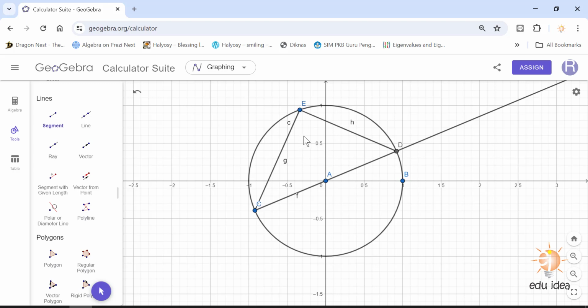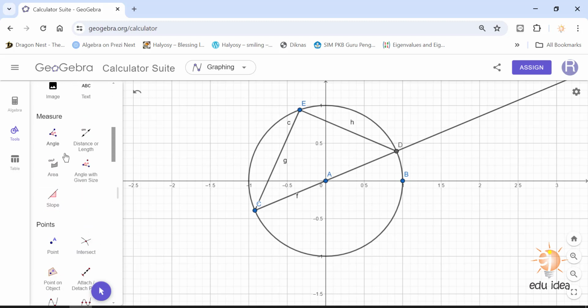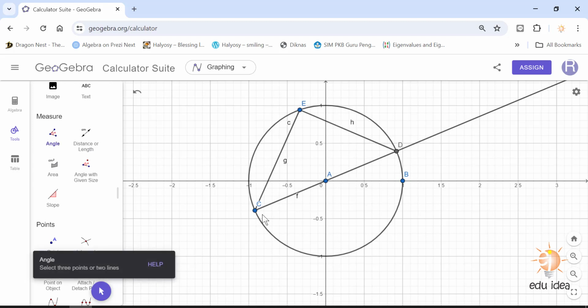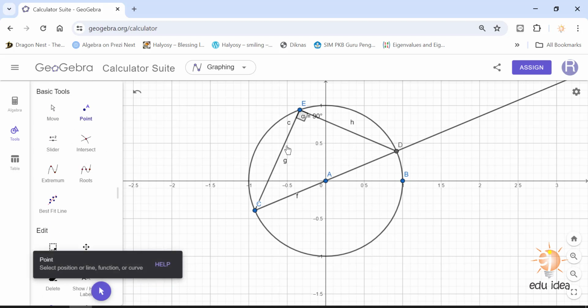What we're going to investigate is the angle over here. To measure that, we go to measure and then angle, and click here, here, and here. As you can see, the angle is 90 degrees.